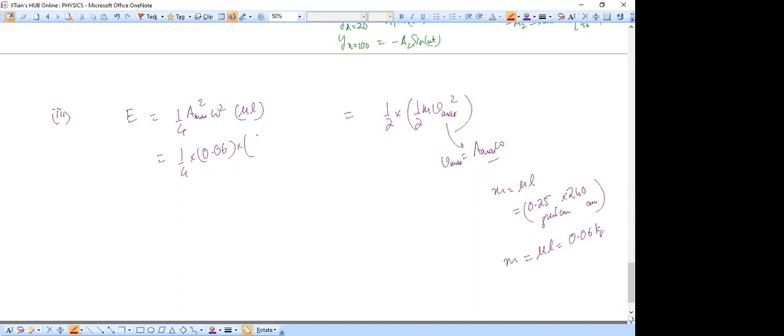Multiplied by that maximum amplitude, which was 2 millimeters, multiplied by omega square.